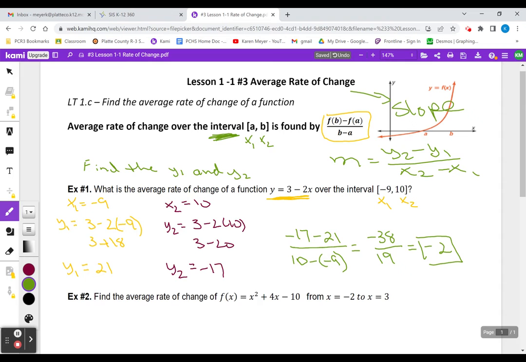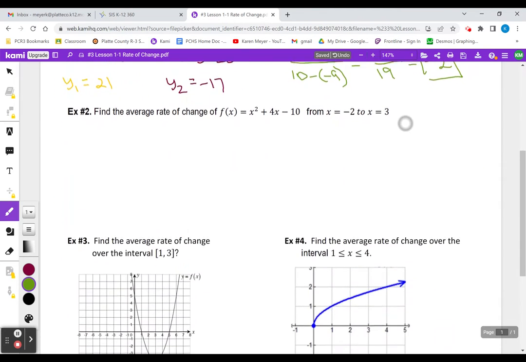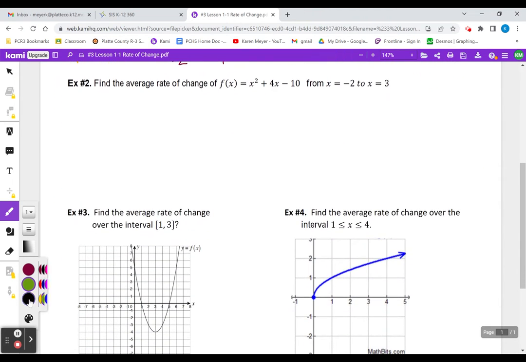Okay. Second example, we're going to do the same thing all over again. Okay, so you're going to notice that I give you a different equation, and this is my first x, and this is my second x. So I'm going to call x1 negative 2 and x2 3. So for y1, let's go plug in negative 2.